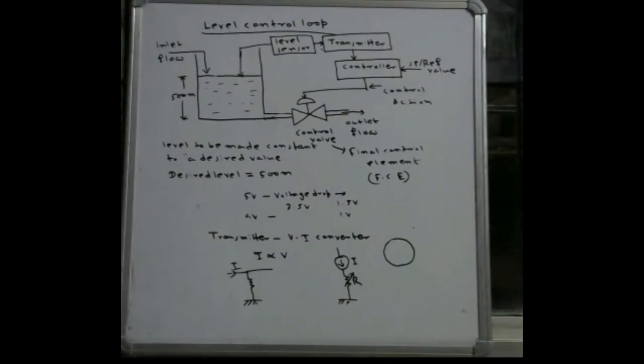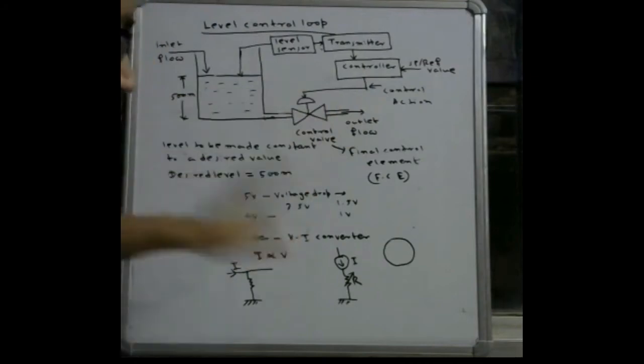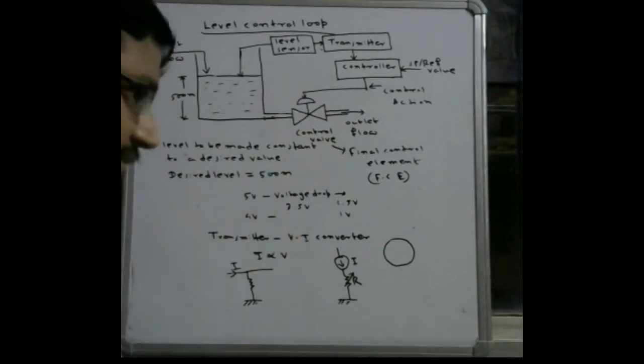So let's see what type of valve. This one is one of the valves I am saying, that is if the signal is increased, then opening is increased, and if the signal is decreased, then the opening is decreased. Okay.